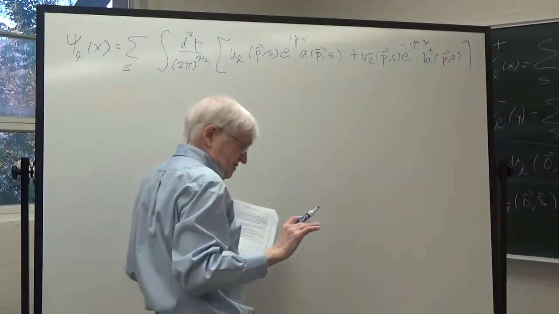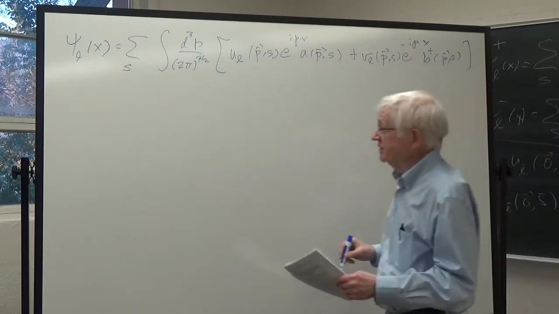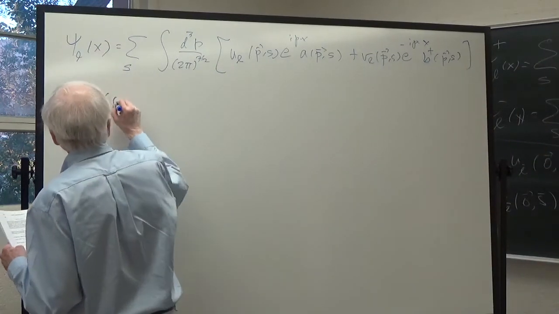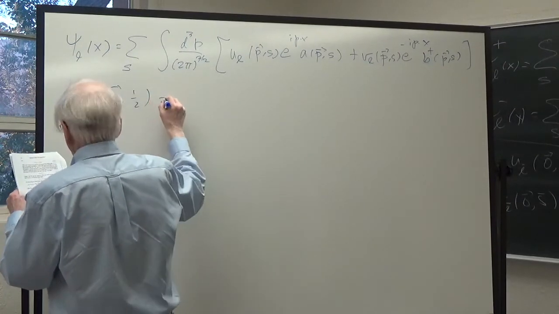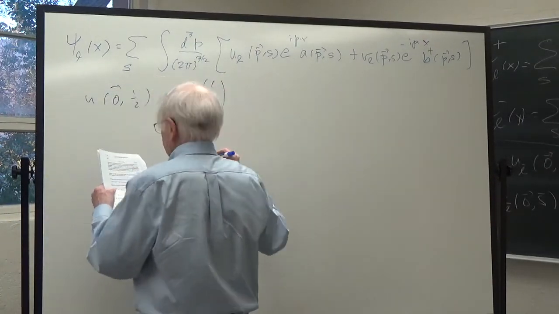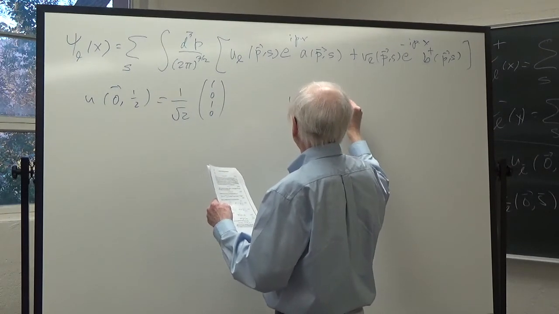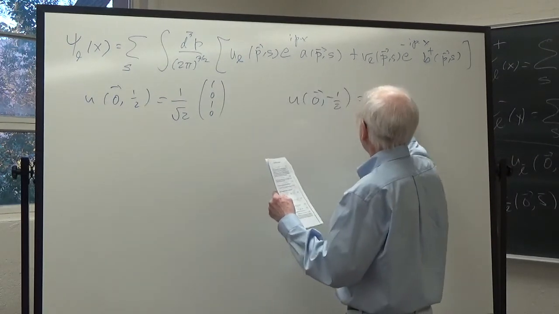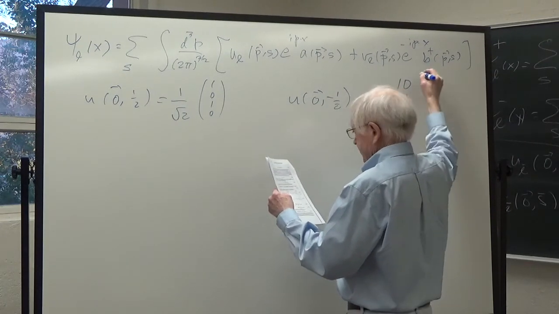Remember, the spinors at finite momentum are Lorentz transforms of the spinors at zero momentum, so the key thing is to say what the spinors are at zero momentum. U of 0, 1/2 is 1 over root 2, 1, 0, 1, 0, which is what everyone would expect. U of 0, minus a half is 1 over root 2, 0, 1, 0, 1.